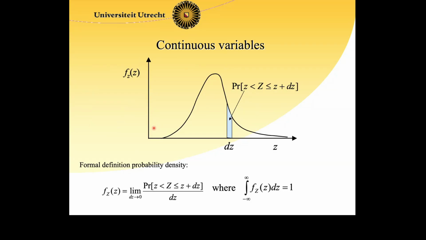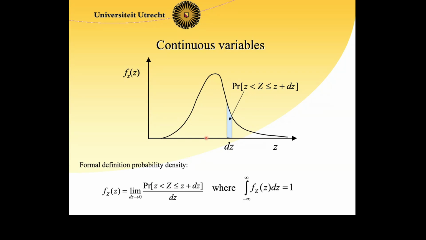Now we go back to the formal definition of probability density. We take the probability of Z being between Z and Z plus dz, a very small interval, and then we divide it by dz.